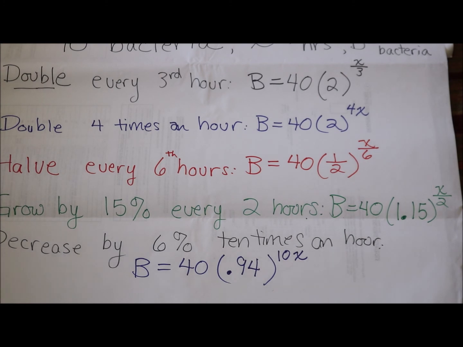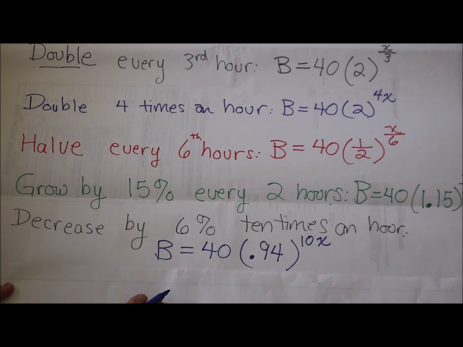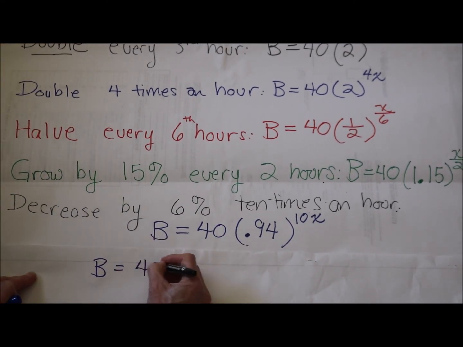Sneaky. And as with the percent growth, some of you might instead like writing this in a slightly different way. 40 bacteria.